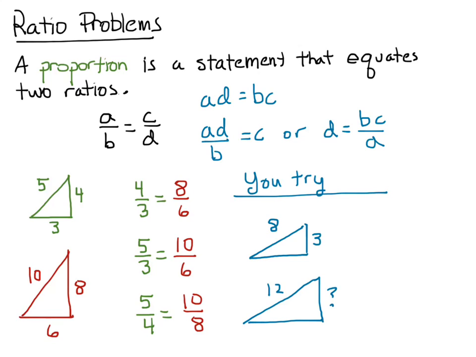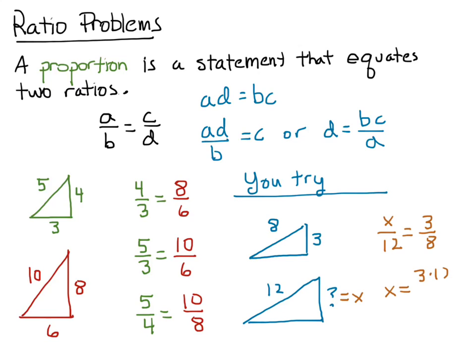If you look at the other ones, I can take two sides and make a ratio and have a ratio on the other triangle that should be the same thing. So when we set up the ratio, maybe 3/8 equals your unknown divided by 12.